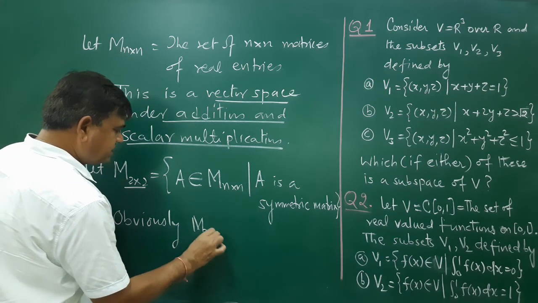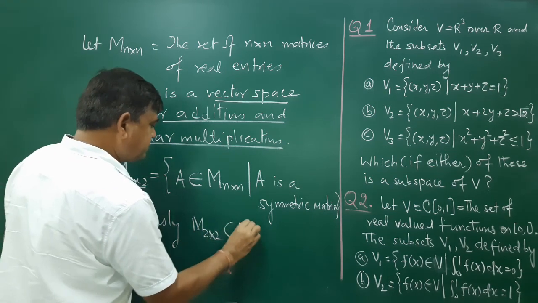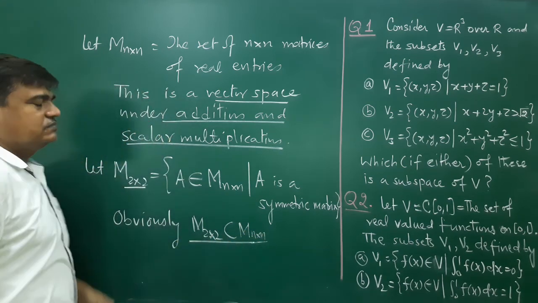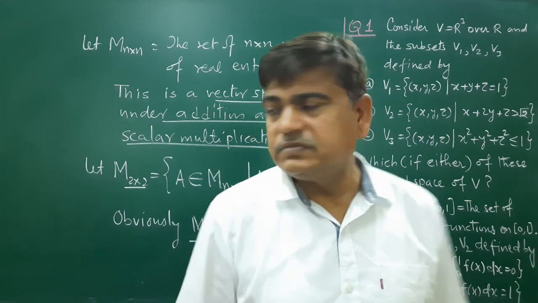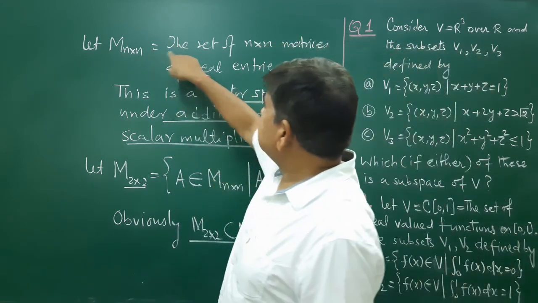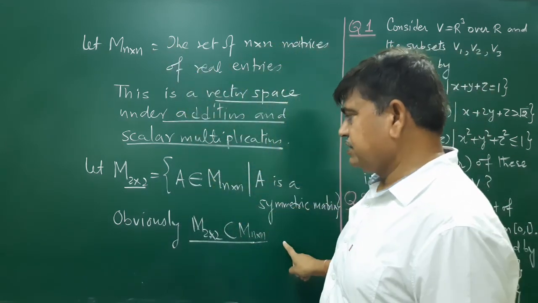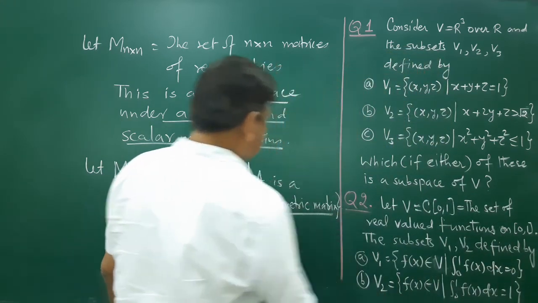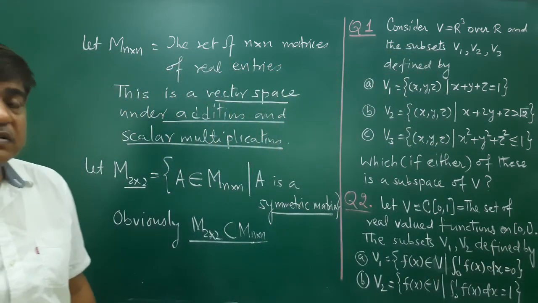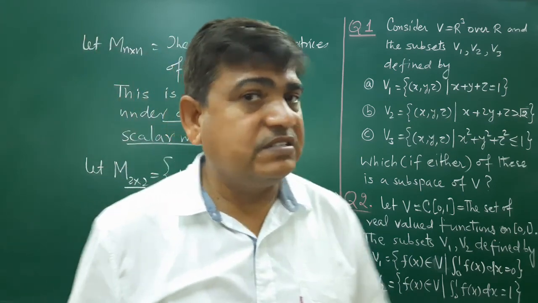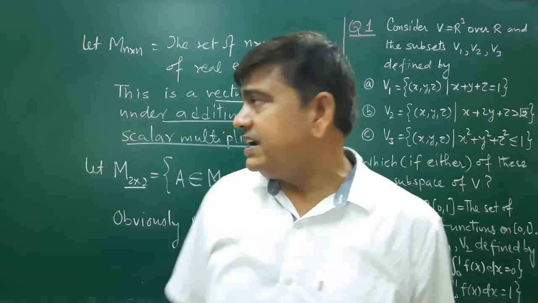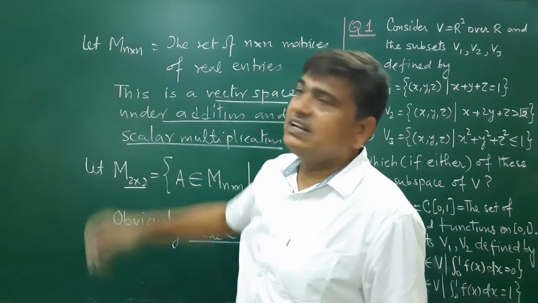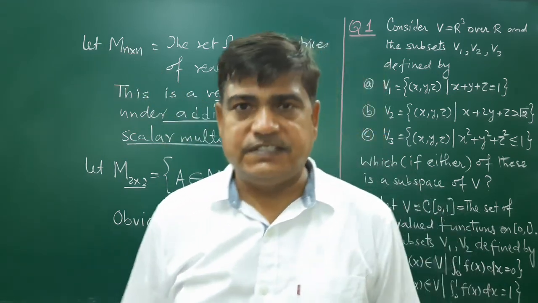Obviously, the set of 2 by 2 matrices is a subset of n by n matrices, so this is a non-empty subset. Now the condition is that A is a symmetric matrix. You must remember a symmetric matrix is always a square matrix, and we took matrices of order n by n, so this is a collection of square matrices.